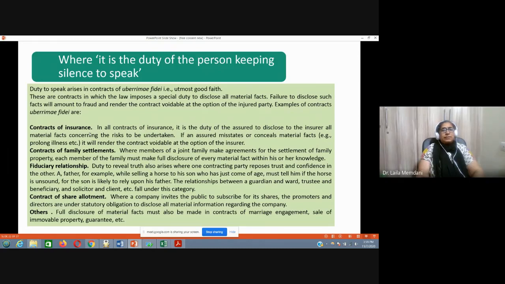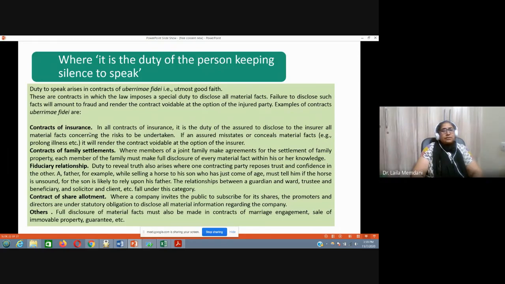Contracts of family settlements. In case of a joint Hindu family, when the family settlements are being done, each member of the family is supposed to disclose their assets, their bank balances, and everything. And if that is not done, it is fraud. Fiduciary relationship, when there is a relationship of trust, like a father and a son. Contract of share allotment.